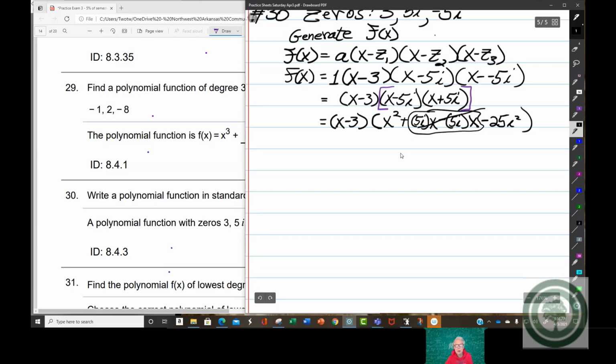Boom, they equal 0. That's not math magic. That's 5i times x minus 5i times x. So notice you're going to have x squared minus 25 times negative 1. So you're going to have x minus 3 times x squared plus 25.